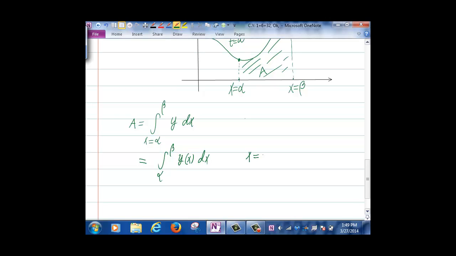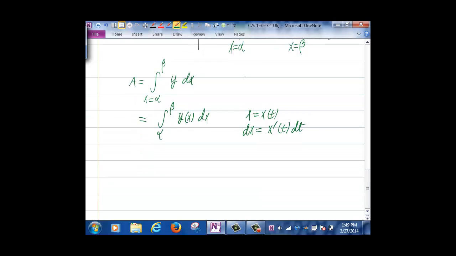I'm going to replace x by x of t, and then what would be dx? dx would be x prime of t dt. So then I could say this is the integral from alpha to beta of y, replacing x by x of t, and dx by x prime of t dt.